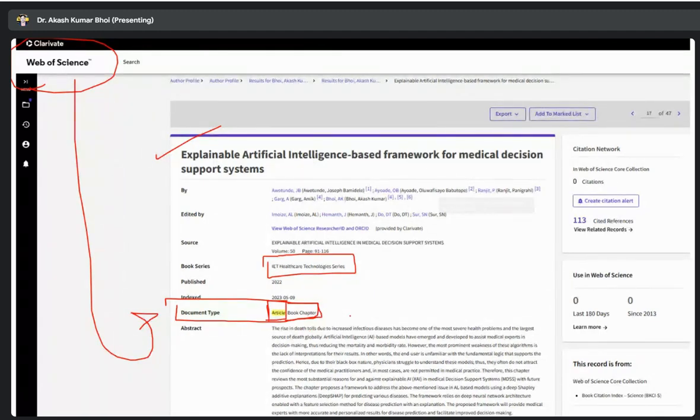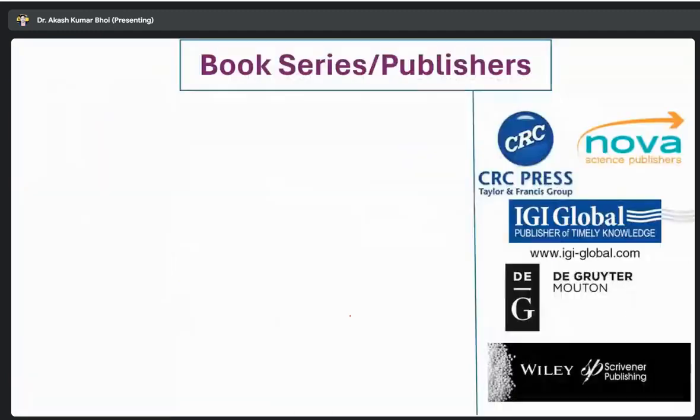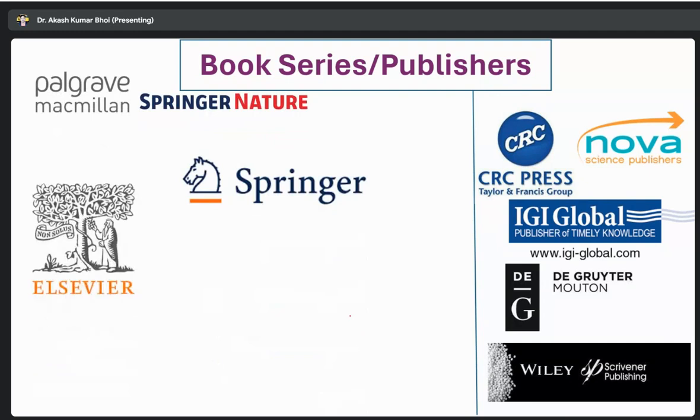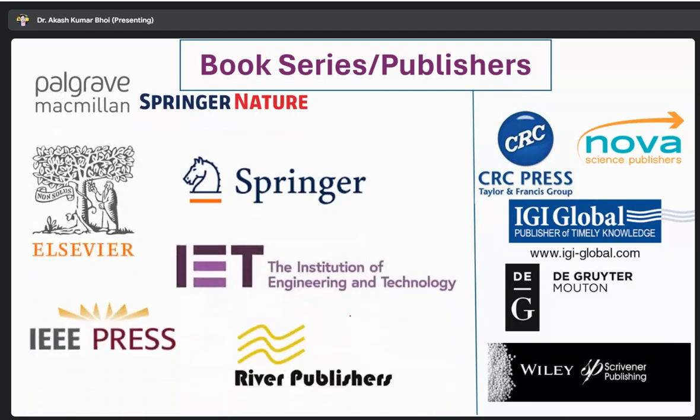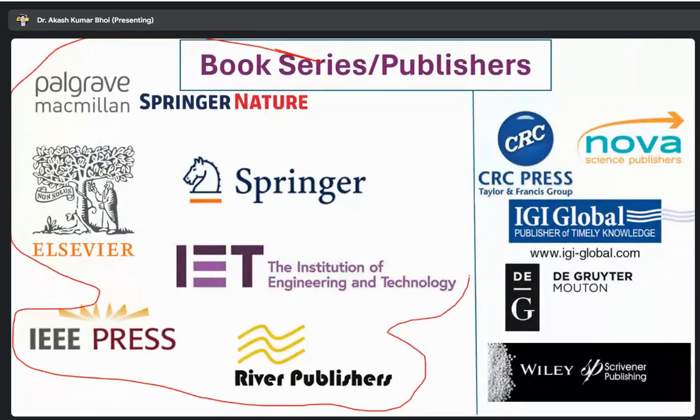So you have to understand this document type, which is very important when you finally go and apply somewhere. And these are different book series, just to show you the different book series where you can think of publishing. This part we normally focus on, to collaborate and come up with the book.